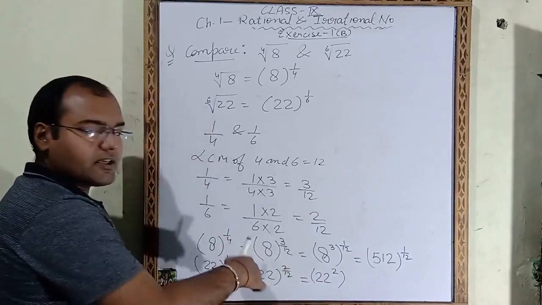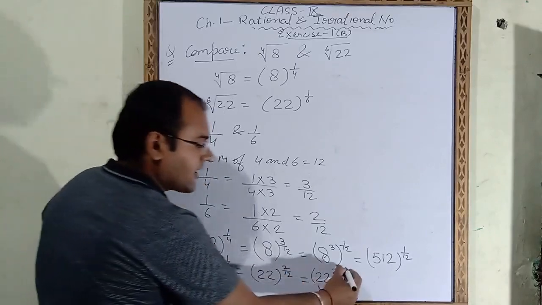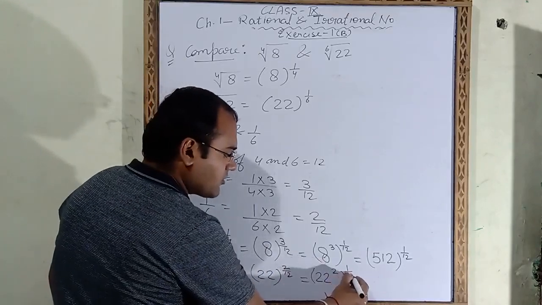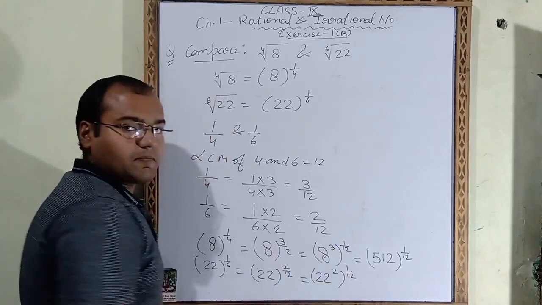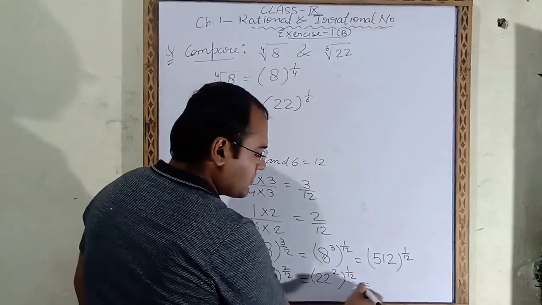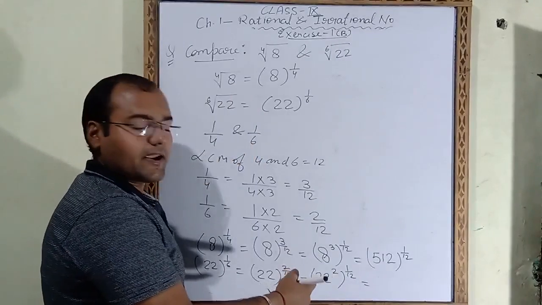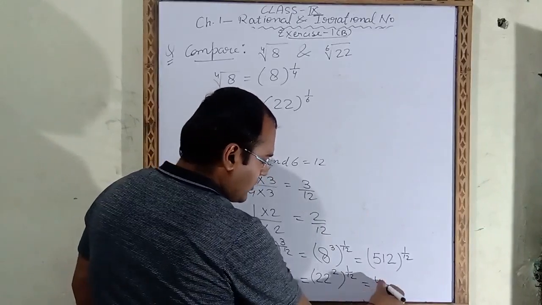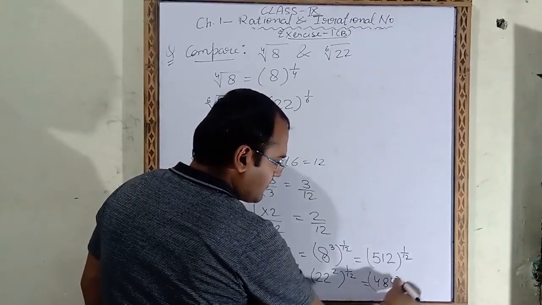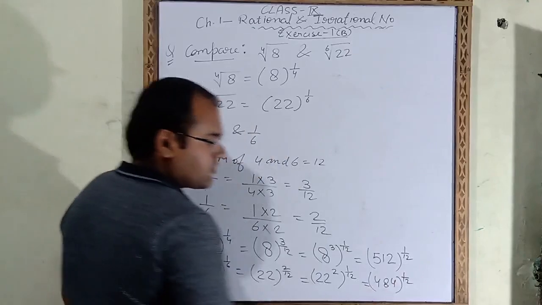So what will remain here? 1 upon 12. 22 power 2 means 2 times we have to multiply it. 22 multiply 22, the answer will be 484 power 1 upon 12.